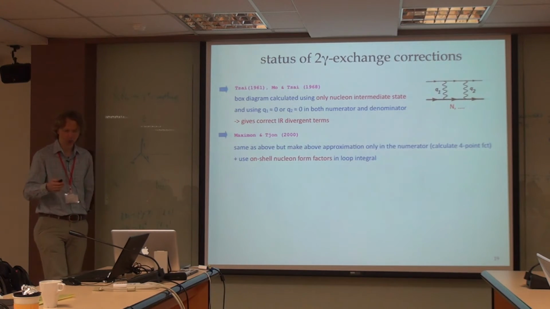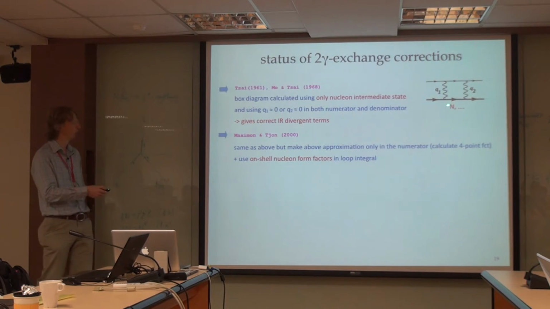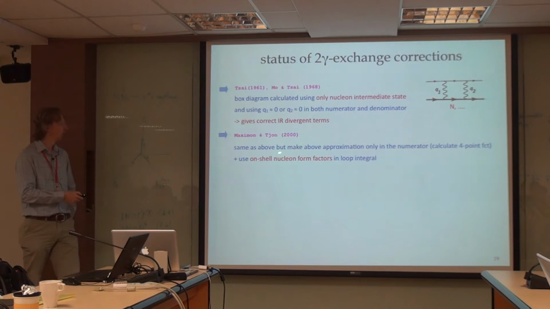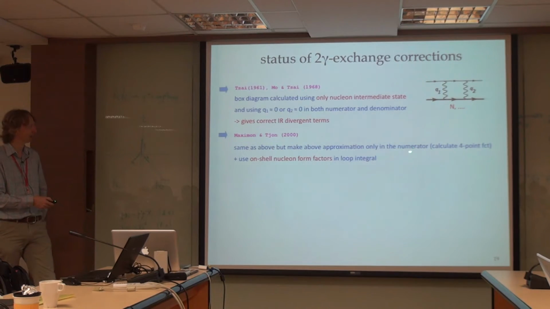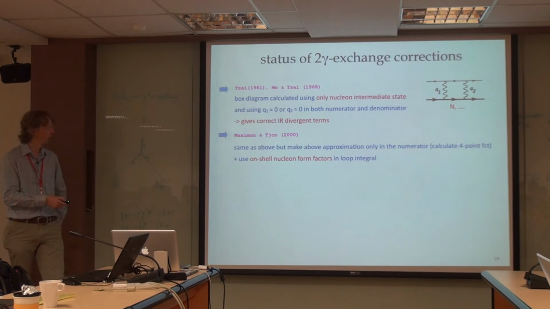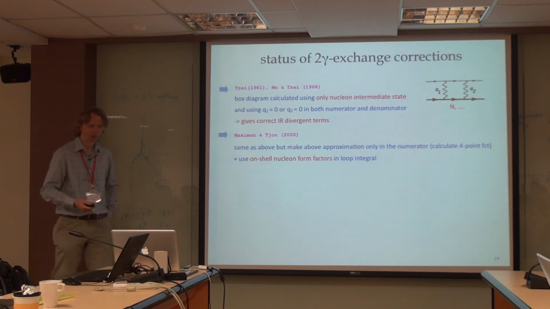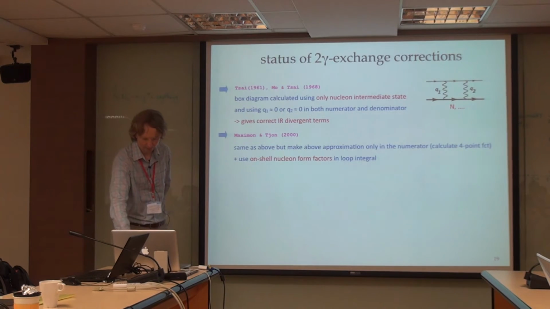And one can, of course, improve on this, and this has been done by Maximon and Tjon in 2000. Here the approximation, where one approximates these momenta in the numerators and denominators, is only done in the numerators. So basically, technically, one has to calculate then 4-point functions. And so one has to use here on-shell form factors in these loop integrals.